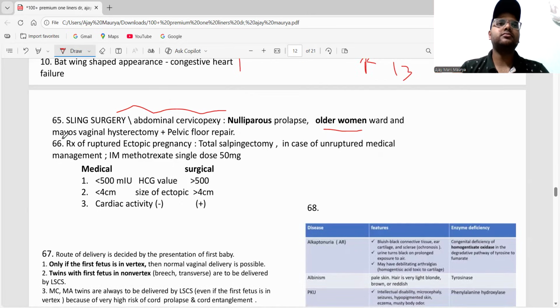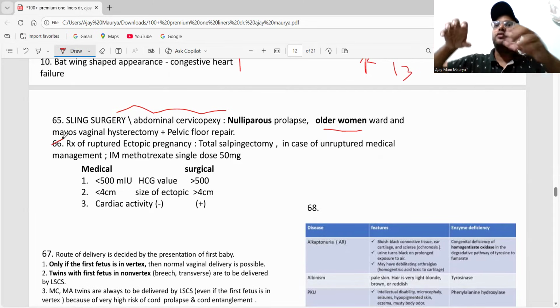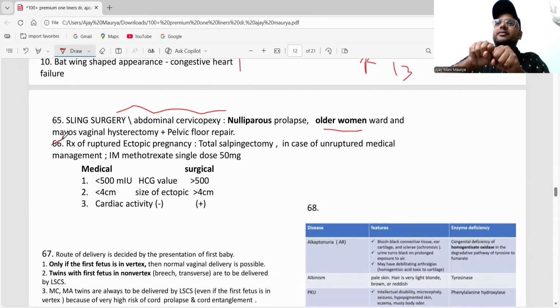The next one, 66. Treatment of ectopic pregnancy. If the tube is already ruptured, you are not allowed to anastomose, because in future there are again chances of ectopic pregnancy and rupture.